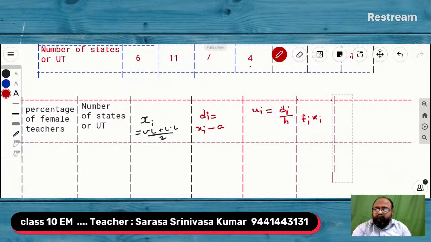Now we are preparing only one table to solve the problem in three methods. And next column is FIDI.